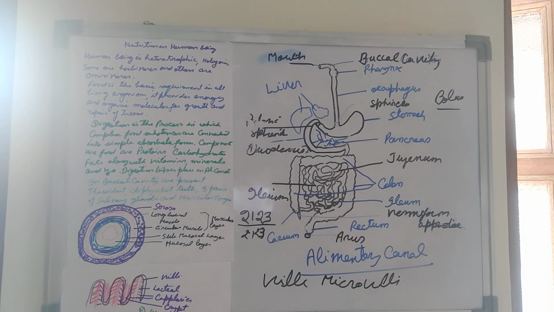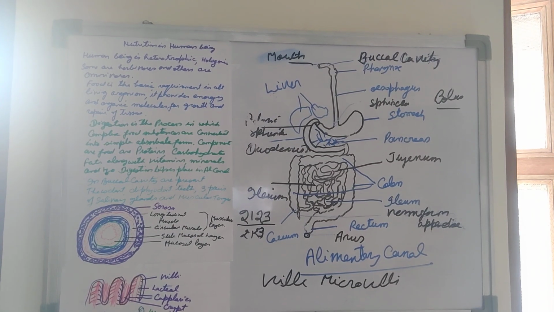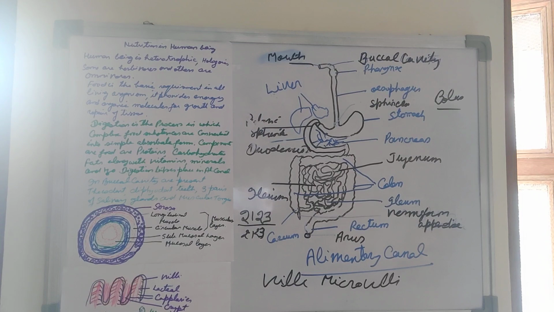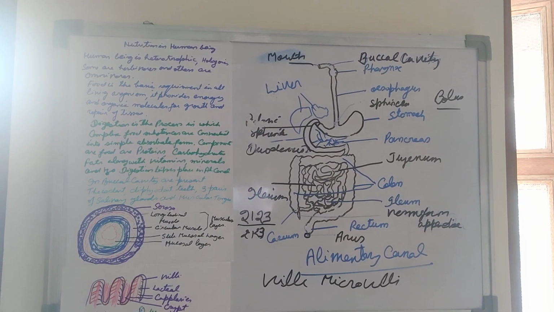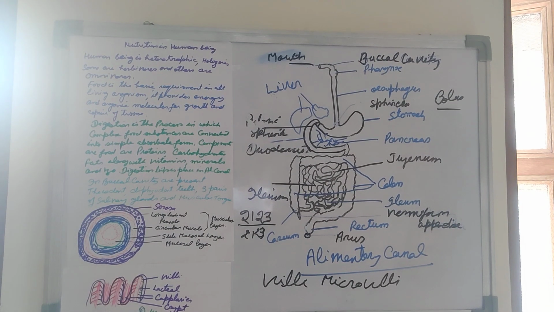These fragmented, smaller particles, along with other food components, by the muscular movement of the tongue, are converted into a ball-like structure, which is called the bolus, and this bolus is then transferred to the pharynx. So this is all about the buccal cavity.